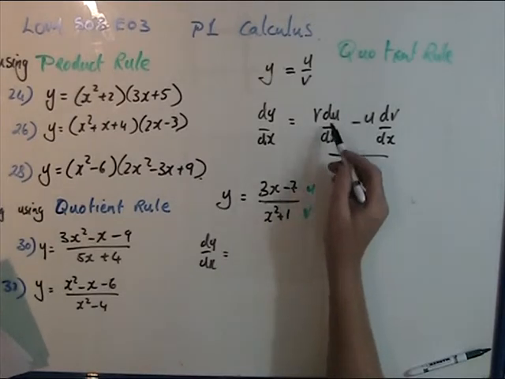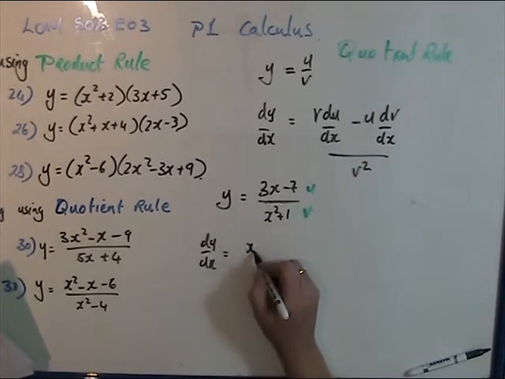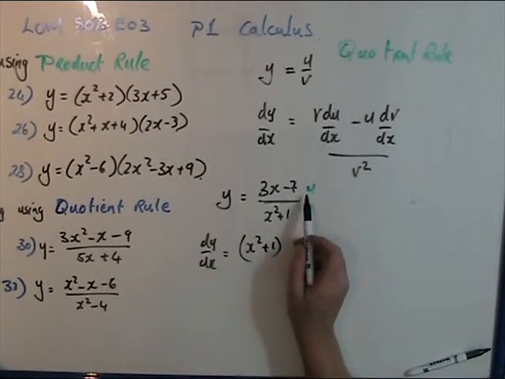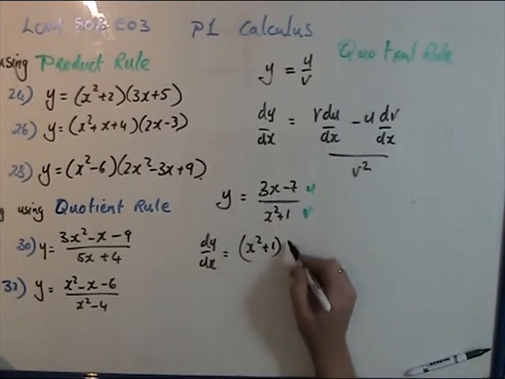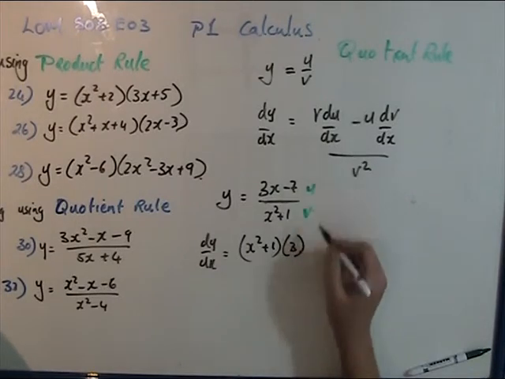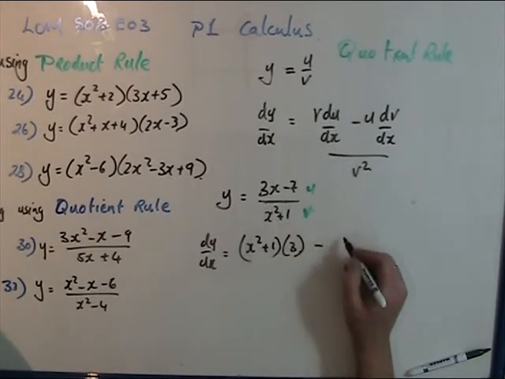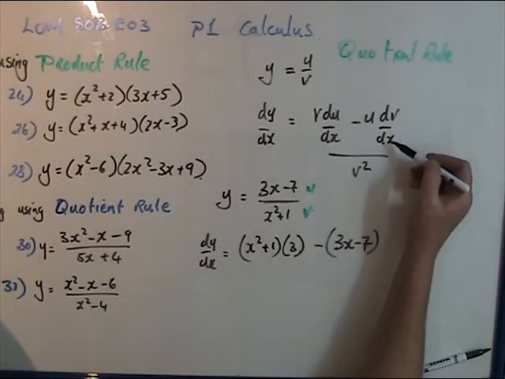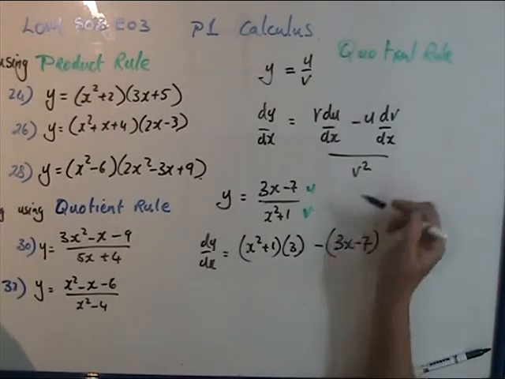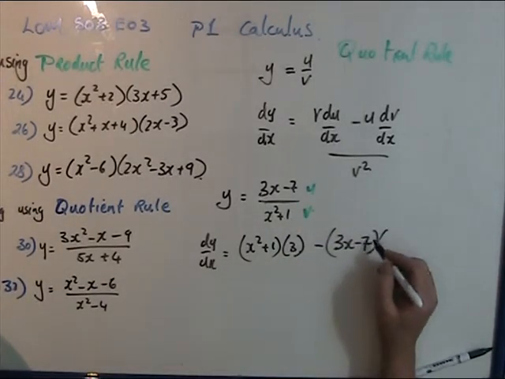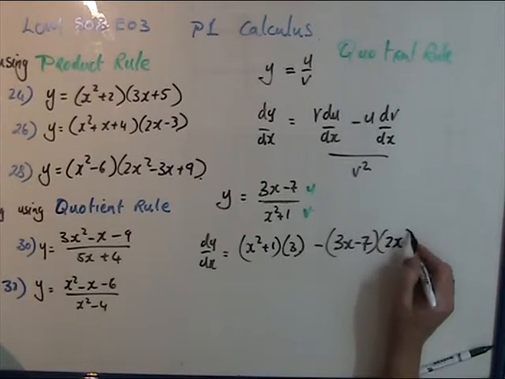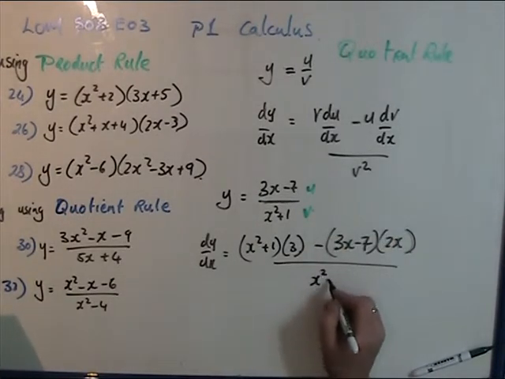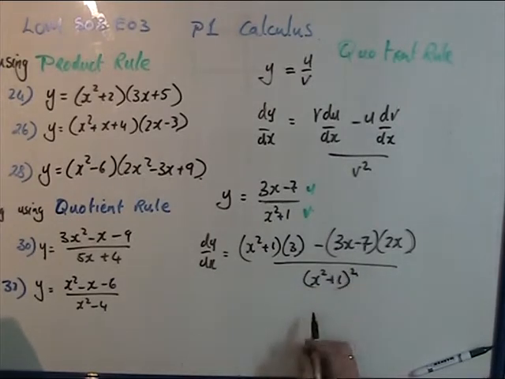So v times du/dx. v is x squared plus 1 times the derivative of u with respect to x, which is 3, minus u, which is 3x minus 7, times the derivative of v with respect to x. v is x squared plus 1 and the derivative of x squared plus 1 is 2x, all over v squared, which is (x squared plus 1) all squared.